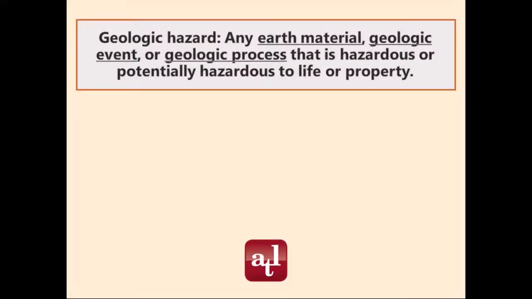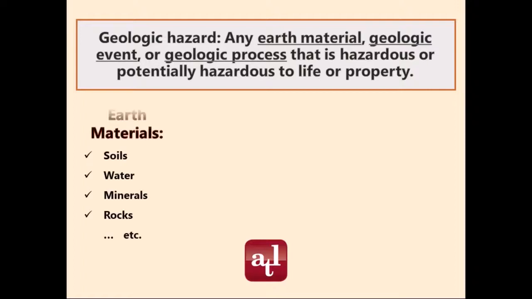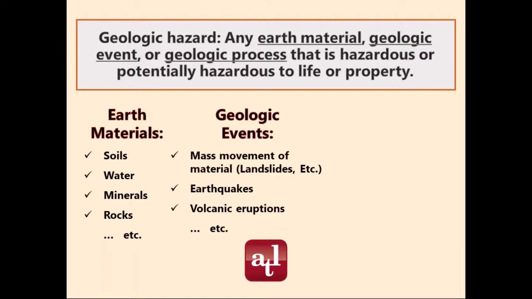All right, let's start off with a quick definition of what a geologic hazard is. It's any earth material, geologic event, or geologic process that is hazardous or potentially hazardous to life or property. So as far as earth materials go, we're discussing soils, water, minerals, rocks, etc. Geologic events would include things like landslides, right?